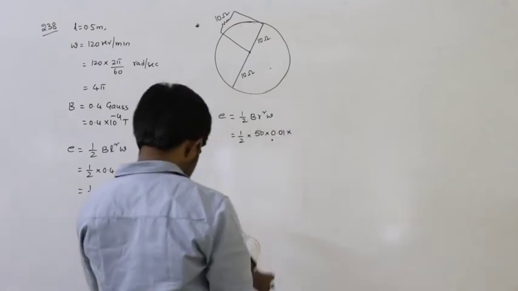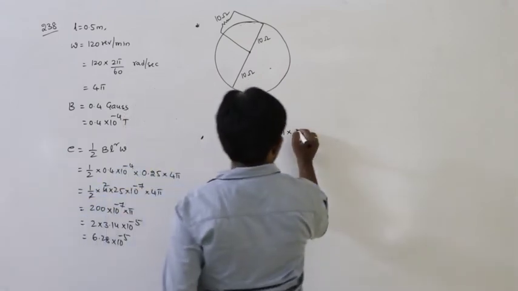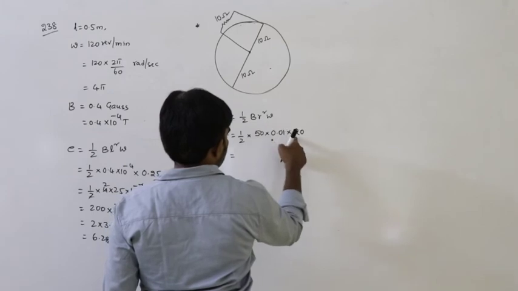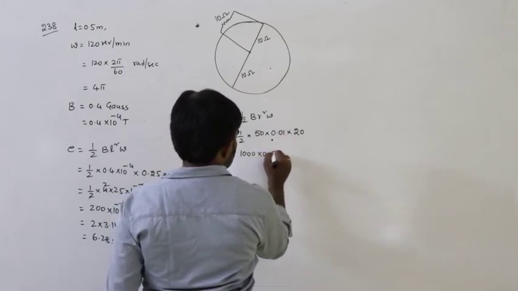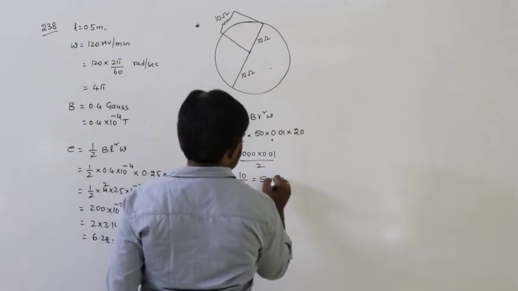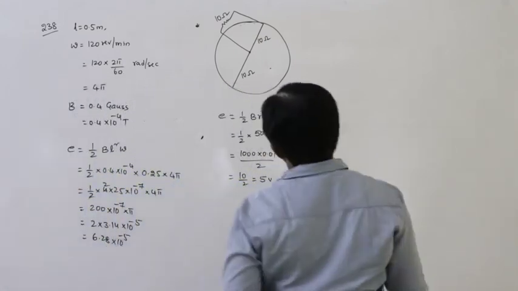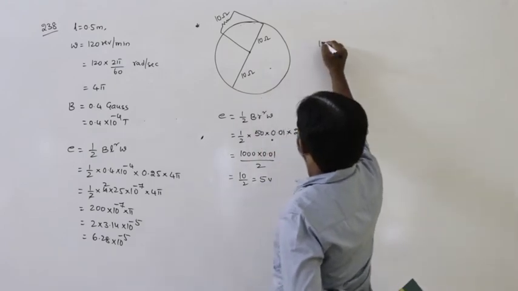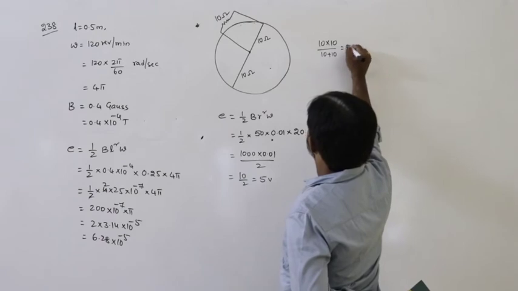Omega is 20 radians per second. So that is 50 into 20 into 0.01 by 2, so that is 10 by 2. So 5 volts is the EMF. But what is the effective resistance here? The two 10 ohm resistances are in parallel, so 10 into 10 by 10 plus 10, that is equal to 5.